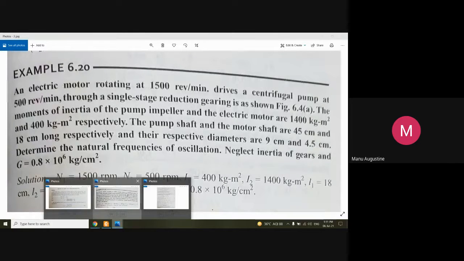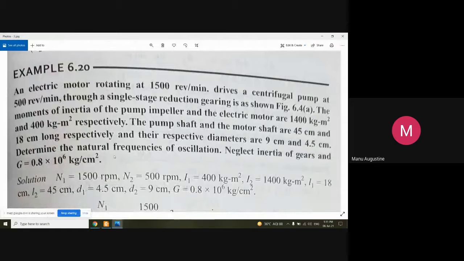Let us look at a new problem now. It says an electric motor rotating at 1500 revolutions per minute. Now they're actually giving you some real world problem, instead of simply giving you line diagrams showing some rough gears and rotors, in which you do not know what is actually happening.